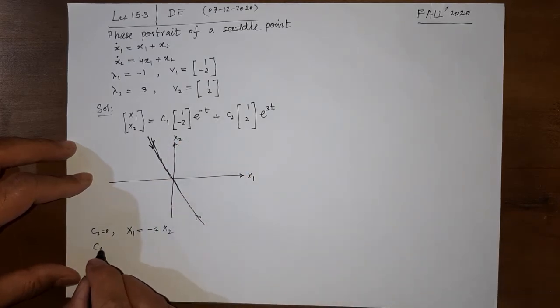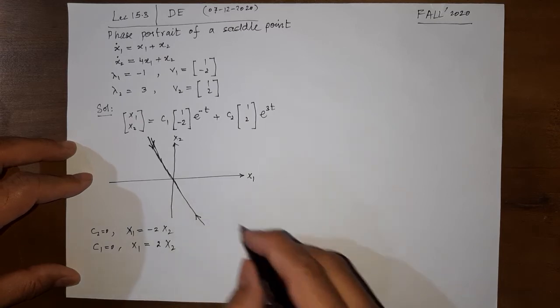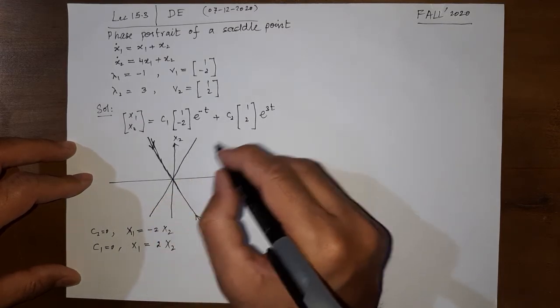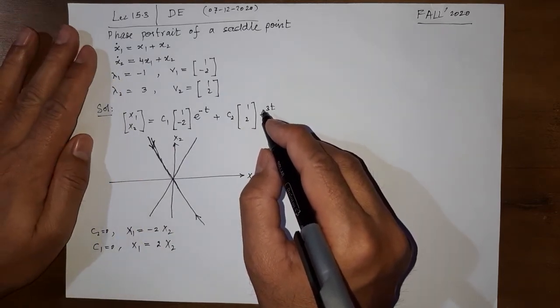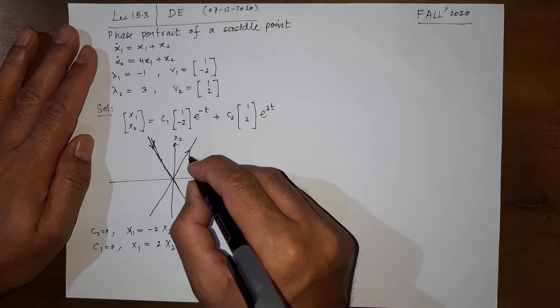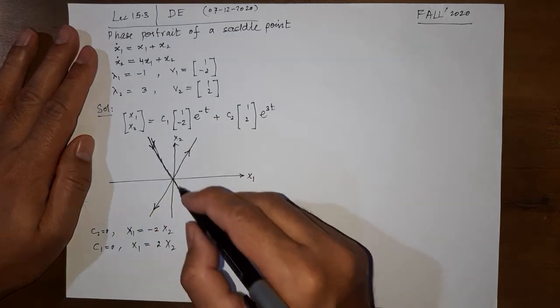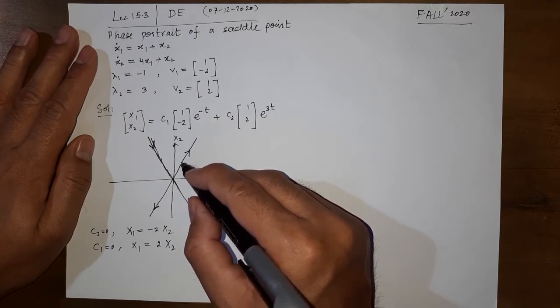Whereas if C1 is 0, this gives us x1 equal to plus 2 x2. So we are going to have such a line, and because it has a growing exponent, this is going to repel the initial conditions, or the values of x1 and x2 will grow.